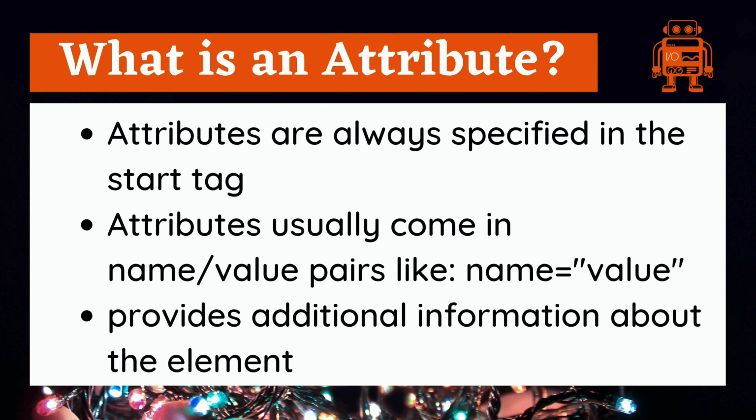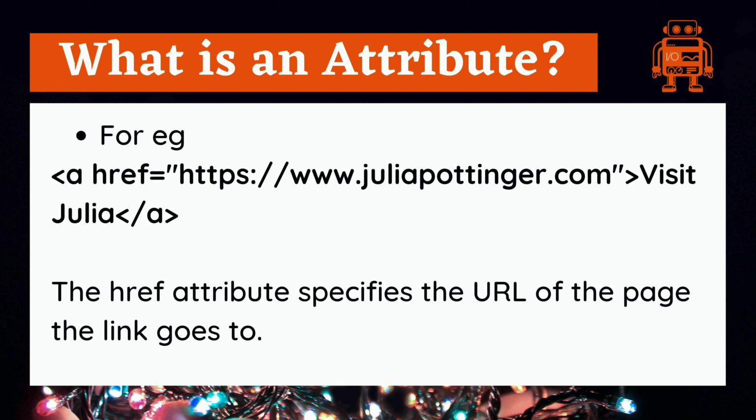They are always specified in the start tag, and they normally come in pairs such as name equals value, and they provide additional information about the element. So for example, if we have an anchor tag with an href, the href attribute would specify the URL that the link should go to.